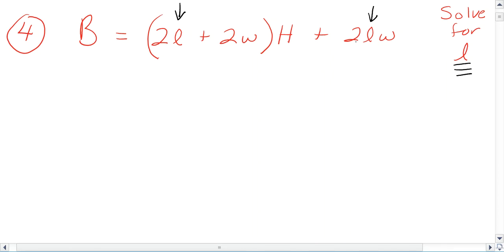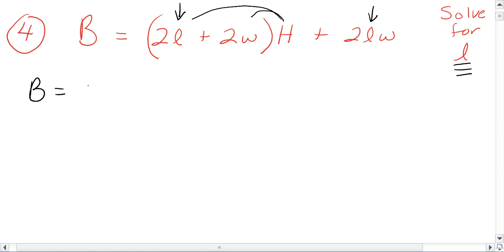So the problem is when this L is buried inside this parentheses, we have to get it out so we can work with it. So let's take this H and let's do distribution to both of these terms, and in that way we'll be getting rid of the parentheses, bringing the L out of there.